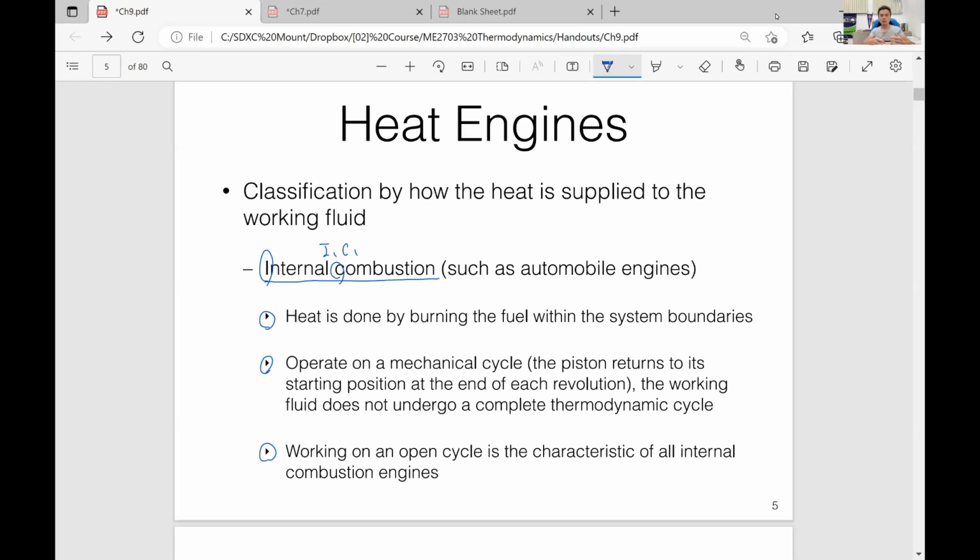Because internal combustion means the combustion happens inside the system, so after combustion there is exhaust gas, and this exhaust gas has to be expelled and renewed, otherwise there will be no combustible gas inside the system to be burned. And burning the fuel means providing the heat, or providing the energy.